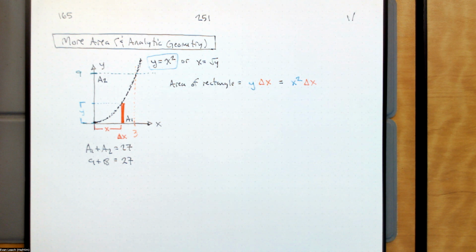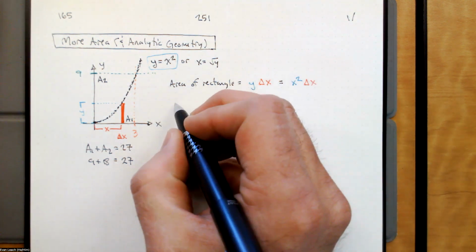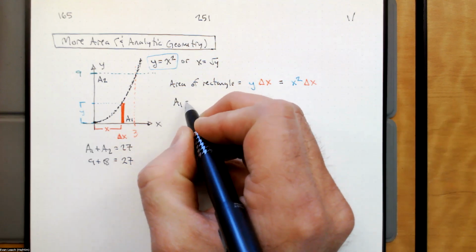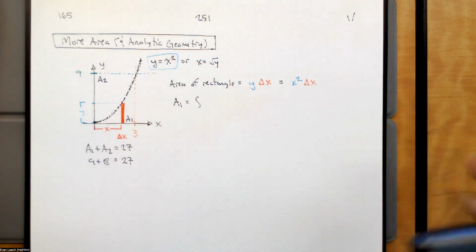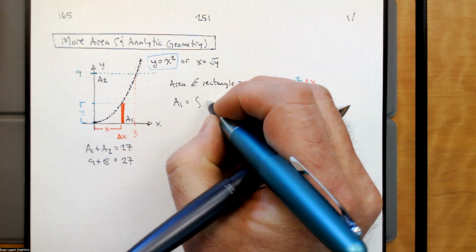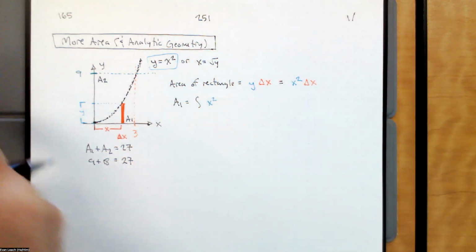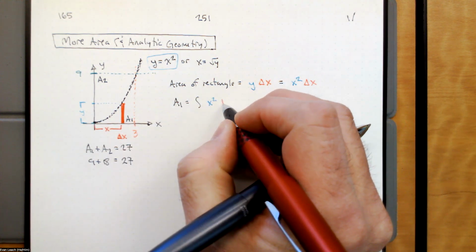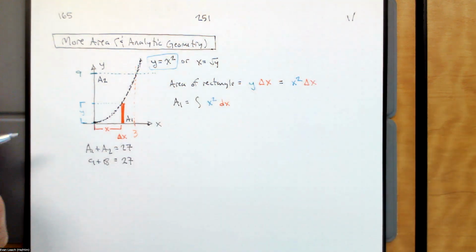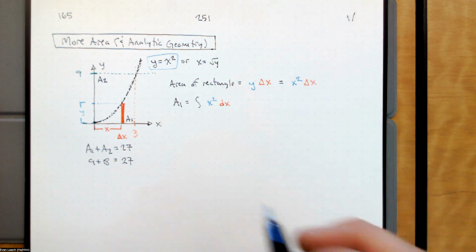Then we add up all such rectangles. And then we do an infinite number of rectangles. And then we get the total area, A1, is the integral of x squared. In the continuous sum, the delta x becomes dx. And then we evaluate over all the values of x that are in play.